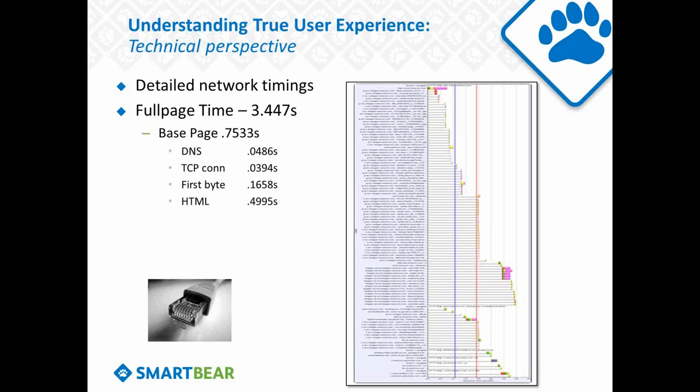It's that full page load time that really focuses on how long it takes to get all of the resources from the servers to the browser. And you get all those detailed network timings: the full page time, the base page time, DNS, TCP connect, and first byte. For as long as I can remember, this full page time has really been the holy grail in terms of web performance. But there are other aspects that need to be considered when you're really trying to pay attention to user experience.